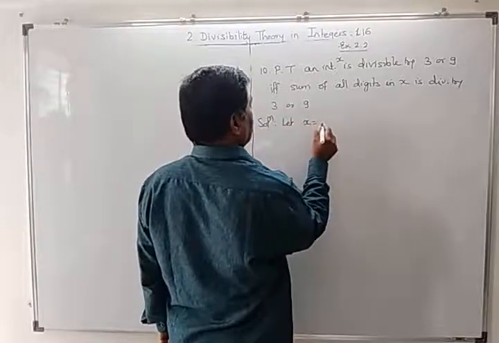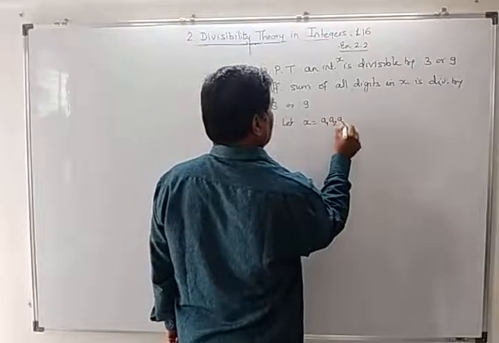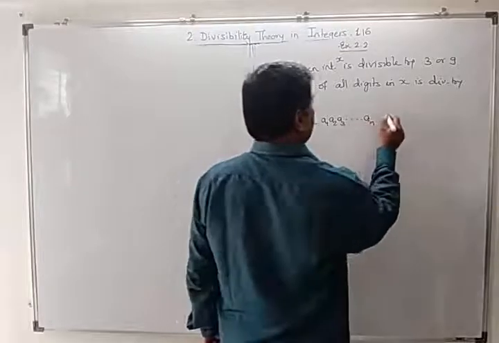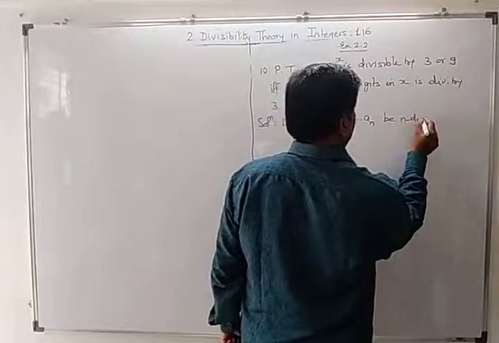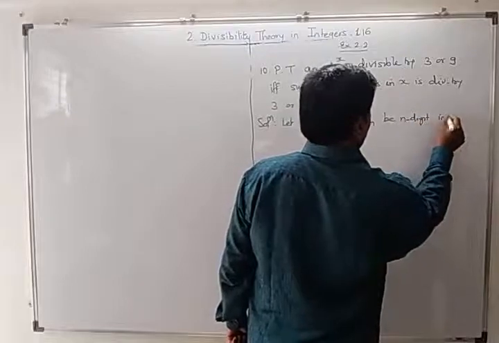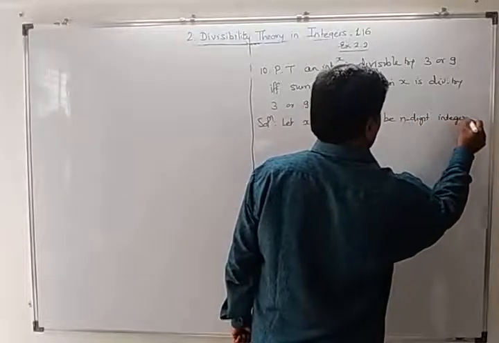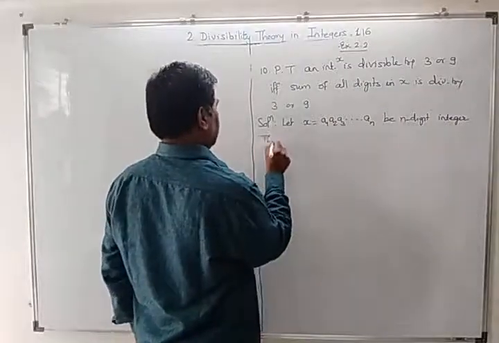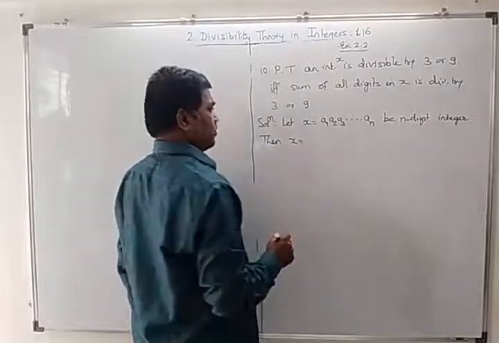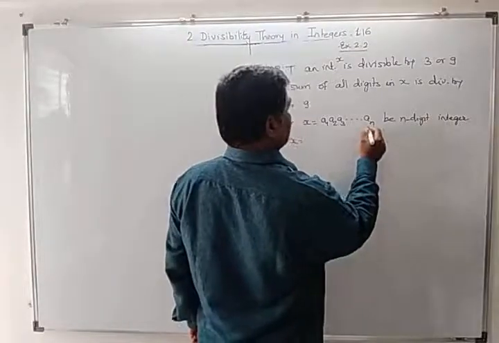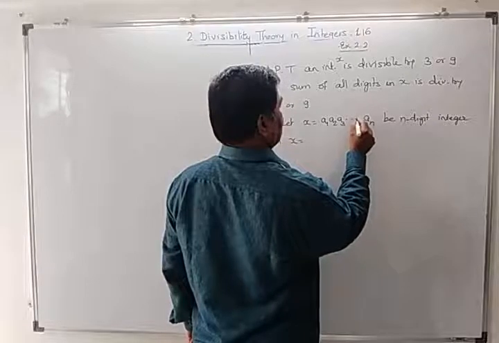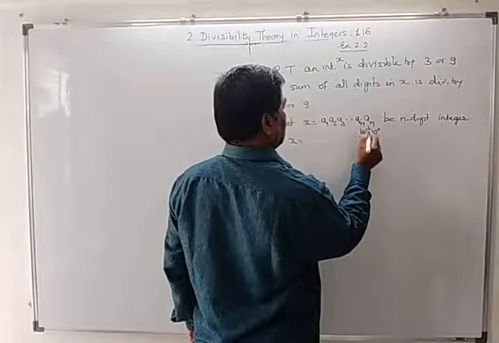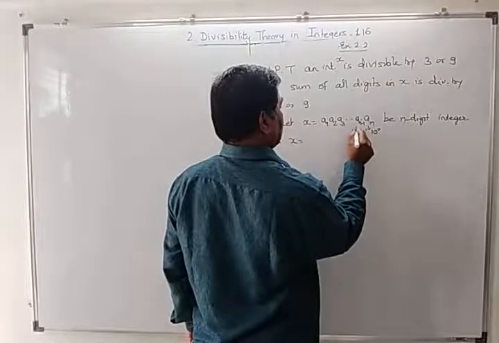Let x be equal to a1, a2, a3 and so on up to an, an n-digit integer. Then I can write x by multiplying these digits by 10 raised to 0, 10 raised to 1, 10 squared and so on.